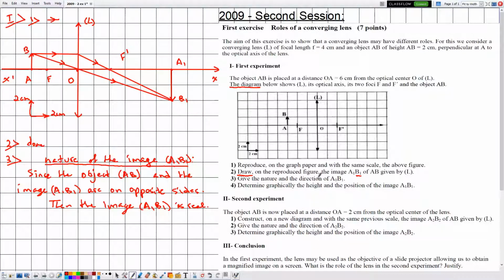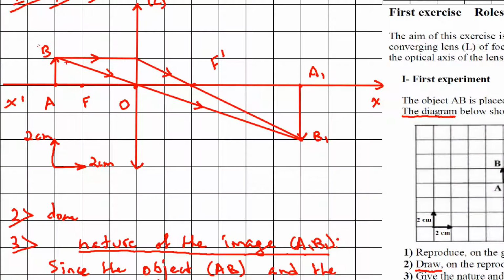And in the same part they are telling me to give the direction of the image A1B1. By the direction we need to specify whether it's inverted or erect with respect to the object.